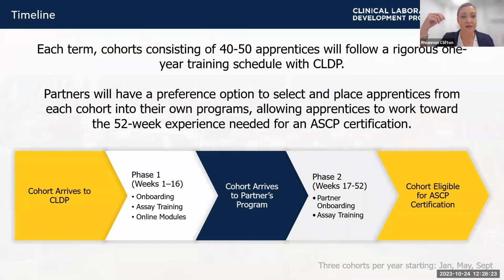It would just depend on that lab's HR policies, how they wanted to bring them in. And that would be for weeks 17 to 52, where they will continue their bench training. And they'll continue essential skills training with us for about 2 hours a week throughout the duration of the program remotely. Next slide, please.